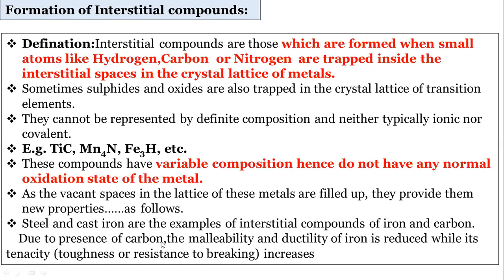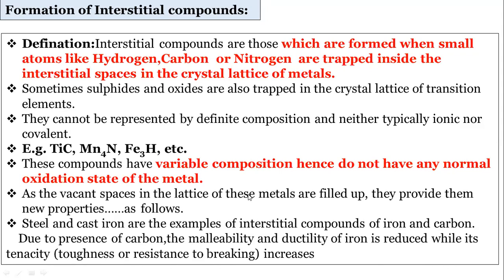Due to the presence of carbon, the malleability and ductility of the iron is reduced. So to form a wire or a tin, meaning a plain surface, the malleability and ductility of this iron will be reduced, while its tenacity and toughness will be increased when this carbon is added.